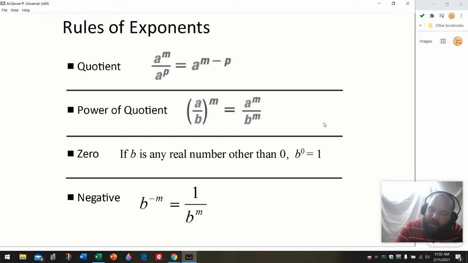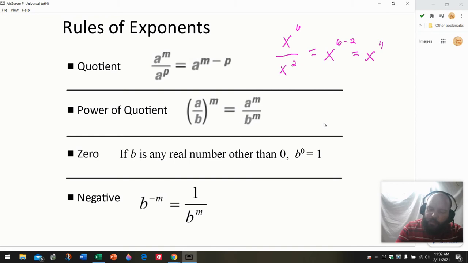As an example, if I had x to the sixth power and I was dividing that by x to the second power, you can see that the bases are the same. So since the bases are the same, I can rewrite it as x and then 6 minus 2. That becomes x to the fourth power. So it's pretty simple, you just subtract.